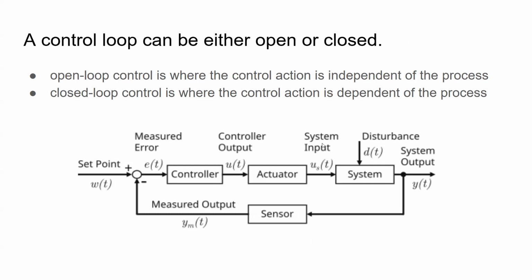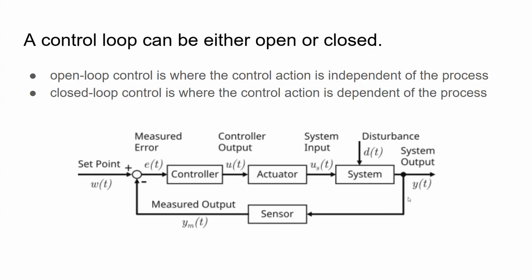A control loop can be either open or closed. One easy way to think about this is if I have an open loop control, that means I'm not measuring anything at the output and I'm not acting based on that measurement. So I'm just blindly doing something.